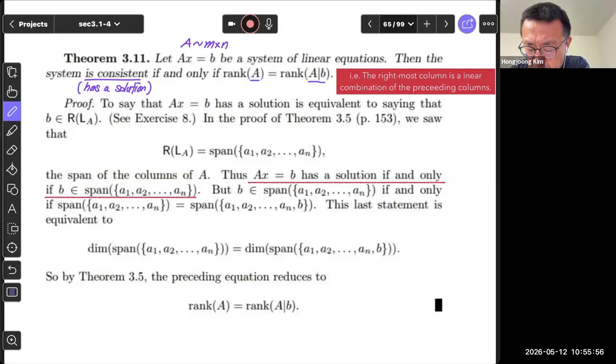So here A is the coefficient matrix and the A bar B is the augmented matrix.